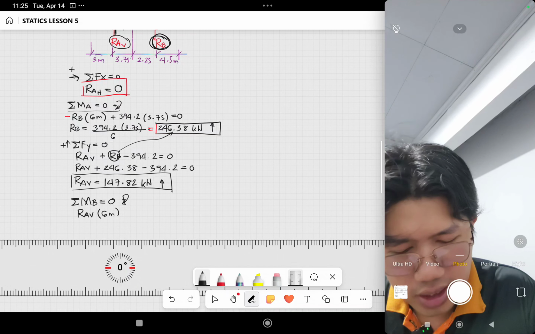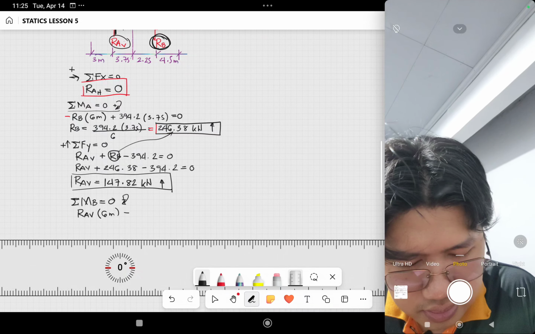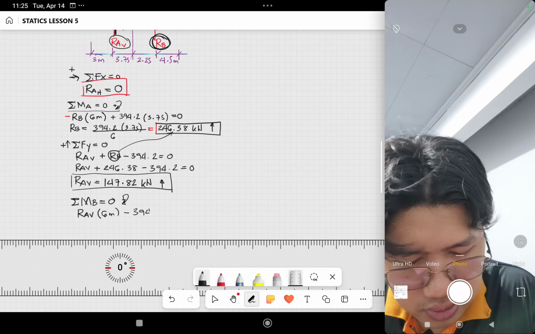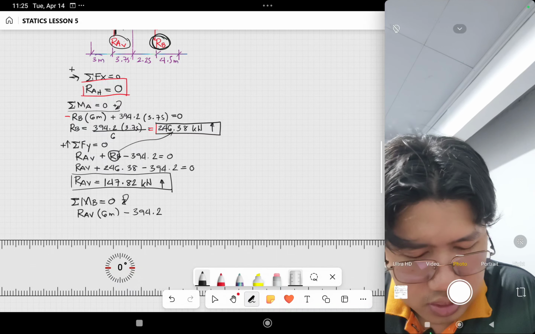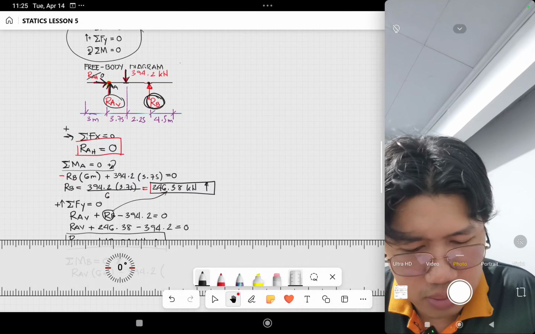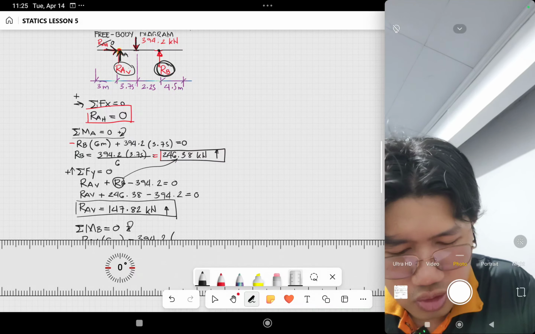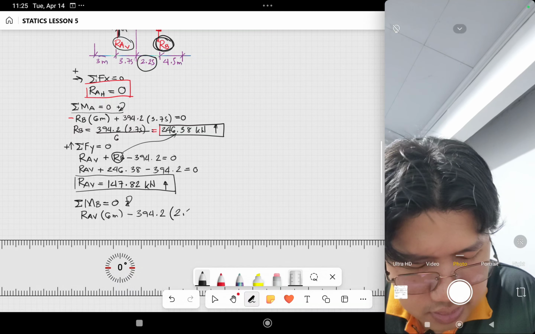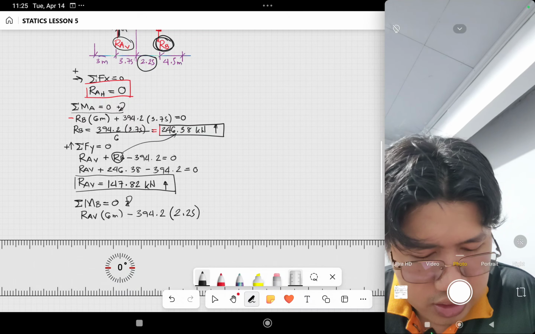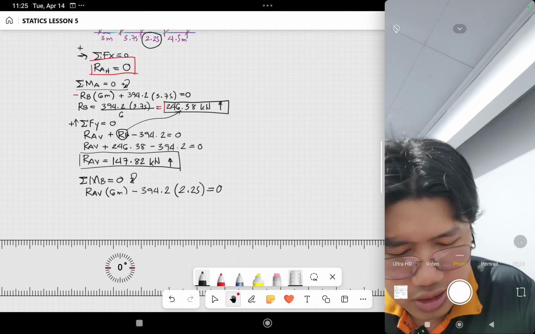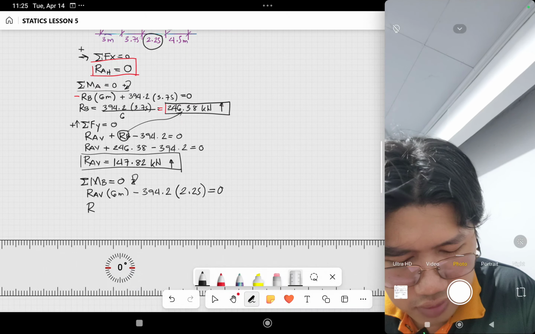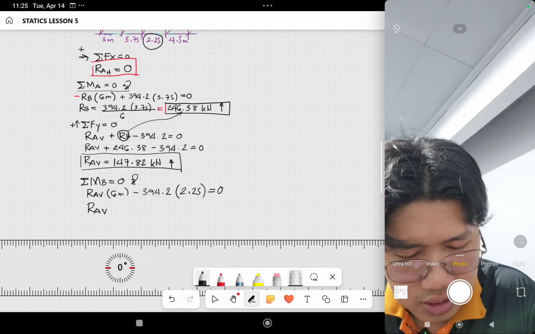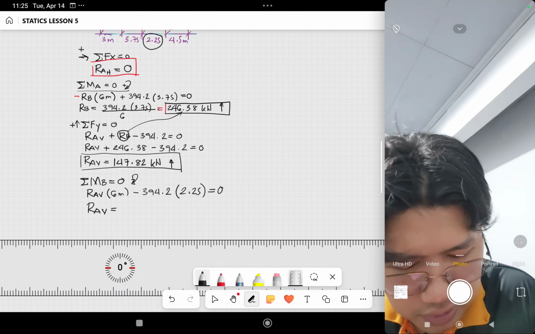So this minus 394.2 times distance niya papunta sa B, which is 2.25, equals 0. We just transpose yung mga numbers and we divide both sides by 6 para maiwan si RAV.